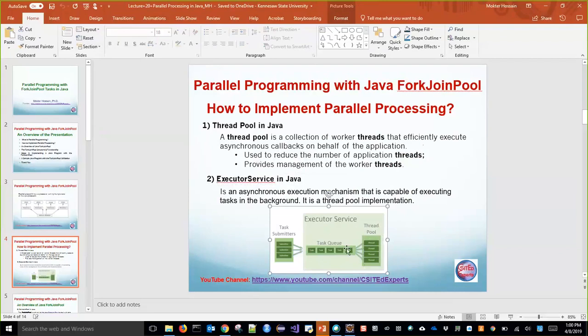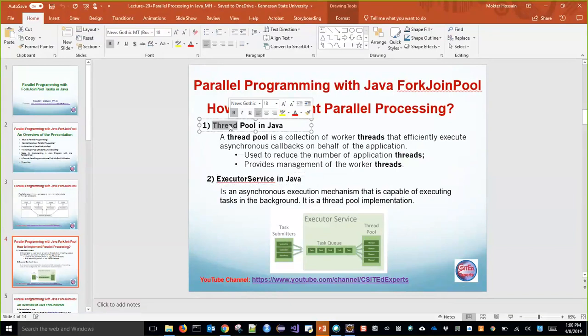Tasks will come to the queue one by one, and the task submitter will pick the tasks from the queue one by one. So this second process was better than the first one.